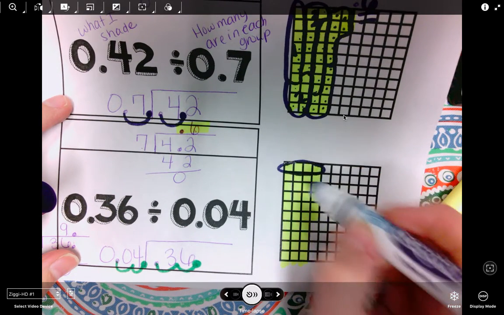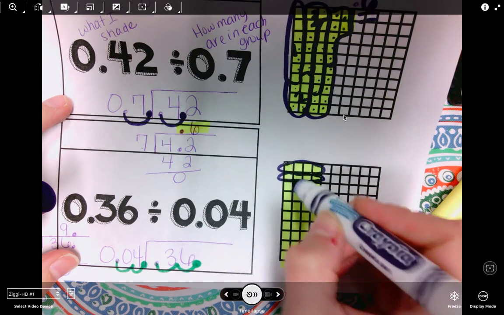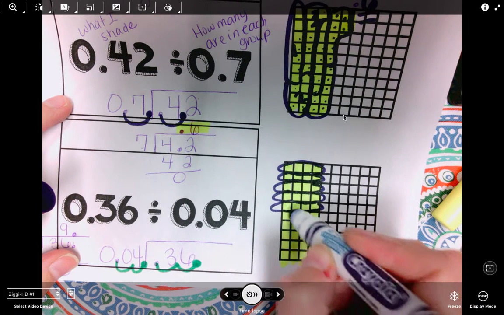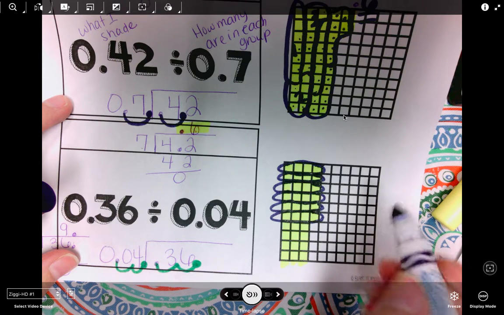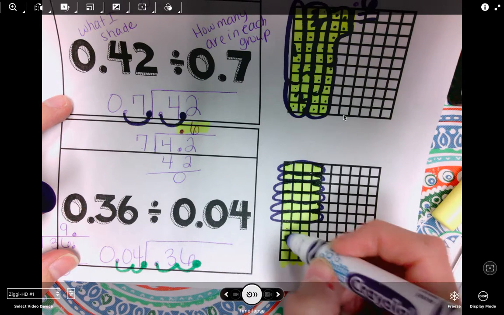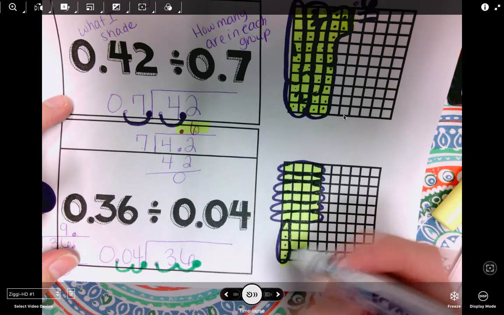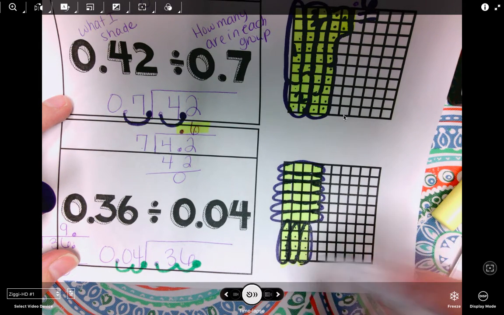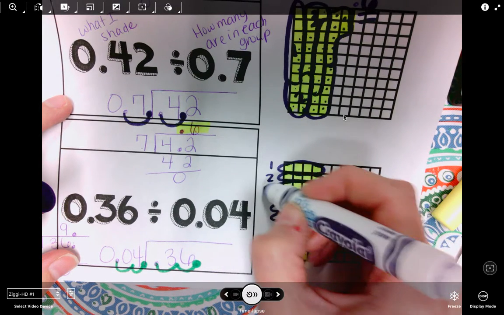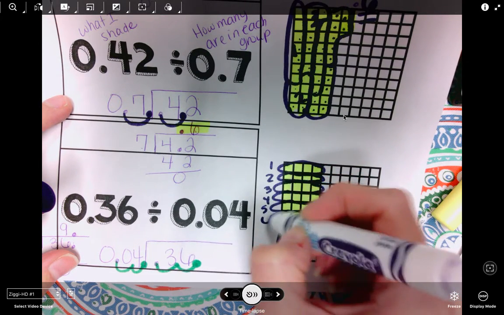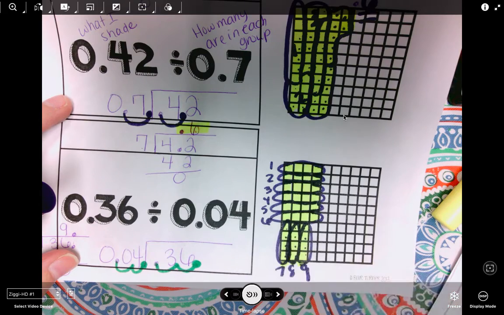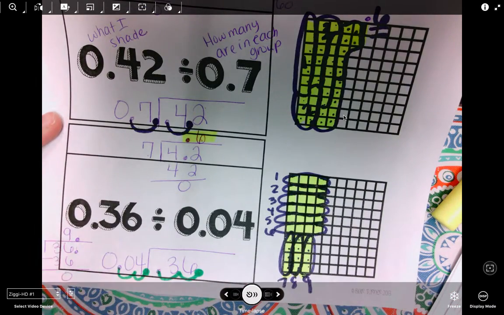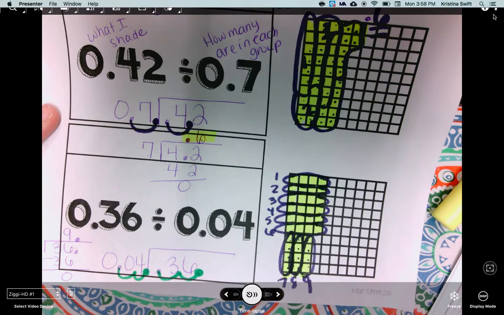That's 4 and 4 and 4 and 4 and 4, and there's 4 more. If we count, that's 1, 2, 3, 4, 5, 6, 7, 8, 9, which matches our answer over here. Let's look at some more practice together.